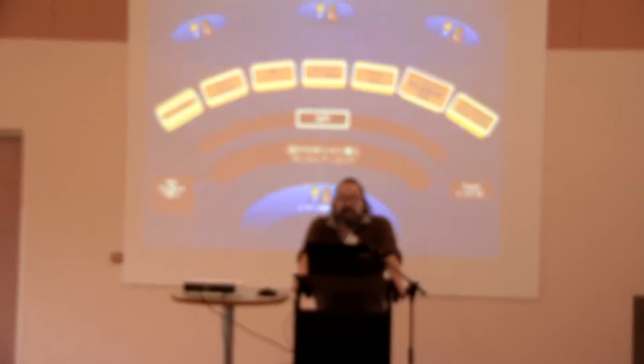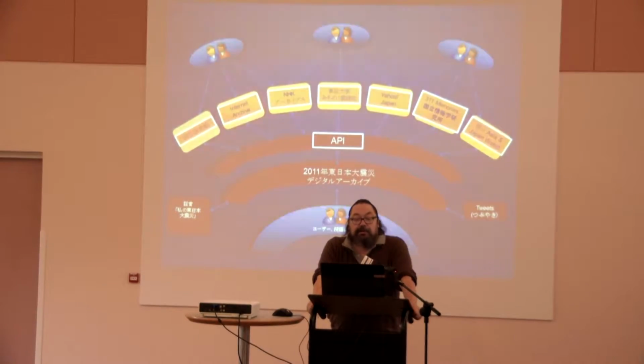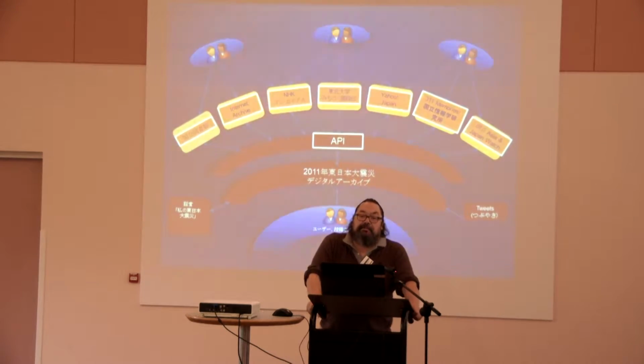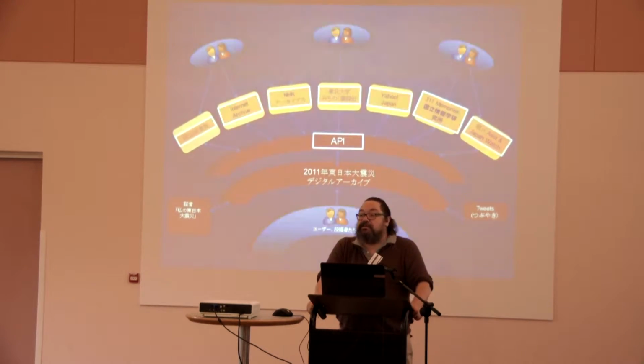What the Reischauer Institute, what Harvard has contributed to this was the development of an API, an interface that enables material from many, many different sources to be linked to one another. We do not actually collect the digital images ourselves.